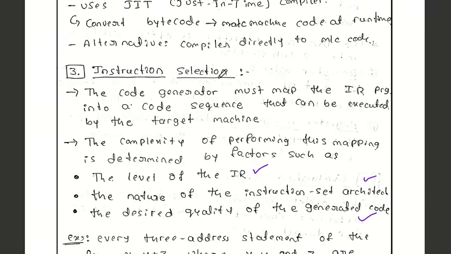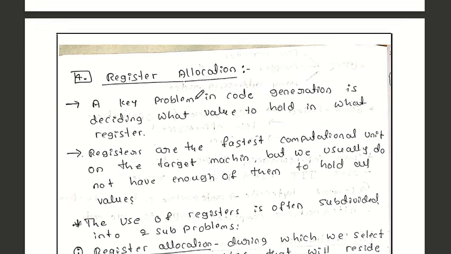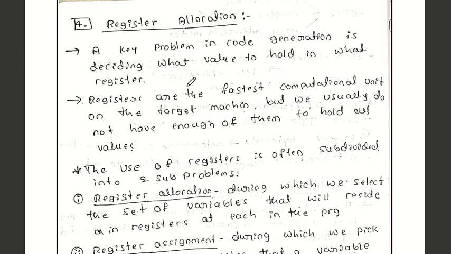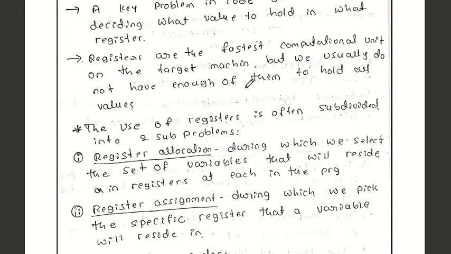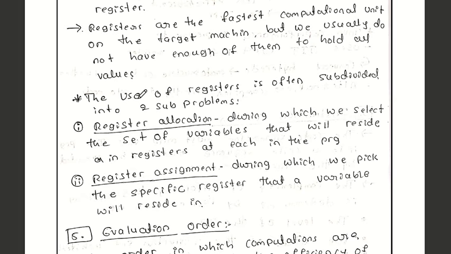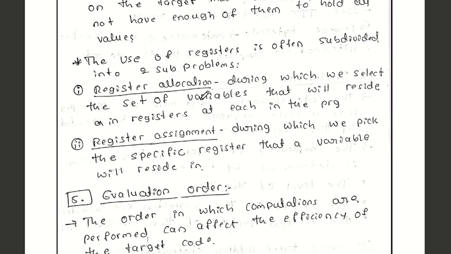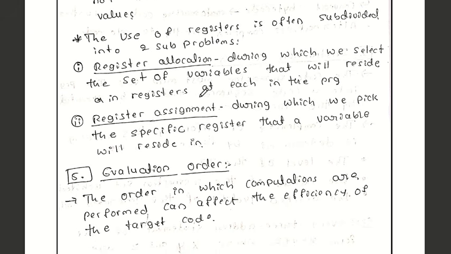So while designing the code, register allocation is also a part of that. Registers are the fastest computational unit on the target machine, but we usually do not have enough of them to hold the values. Here again two subproblems are there: register allocation and register assignment. Based on that you need to explain.